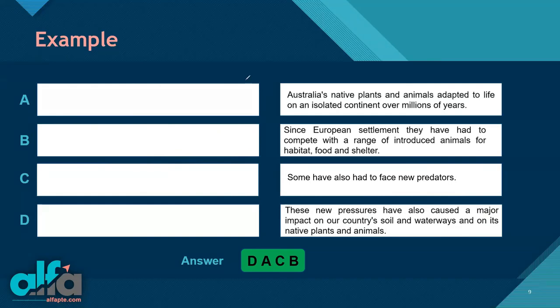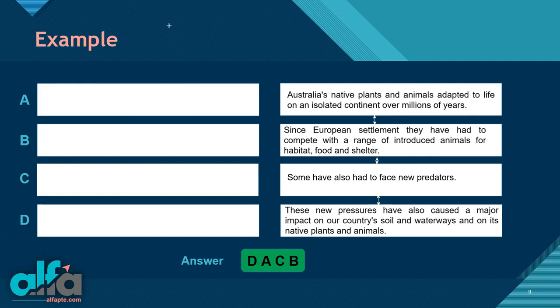So you will not get 1 mark for each box. You will get 1 mark for each pair. So if I am putting D and A together, then I will get 1 mark for DA, 1 mark for AC and 1 mark for C and B. Okay.